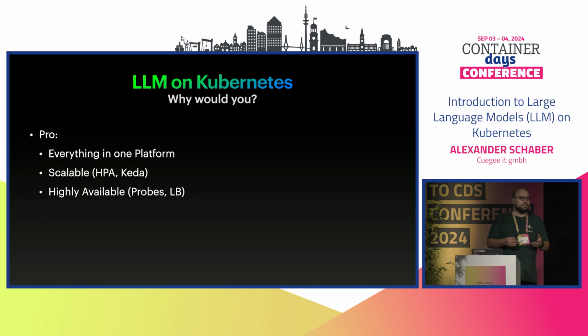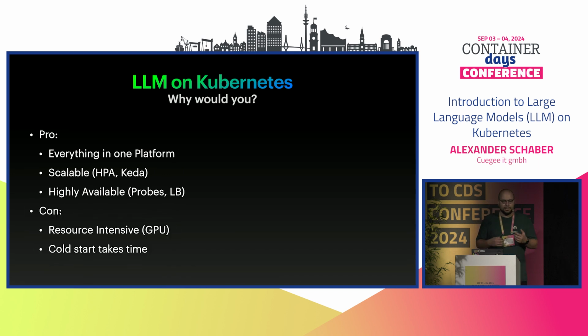I can use Kubernetes features like scalability and high availability for making sure that my models are running, that they perform. I can scale up if I want to, in case I have the GPUs. And it also does the load balancing for me. So there are a lot of reasons why I liked putting a large language model on Kubernetes.